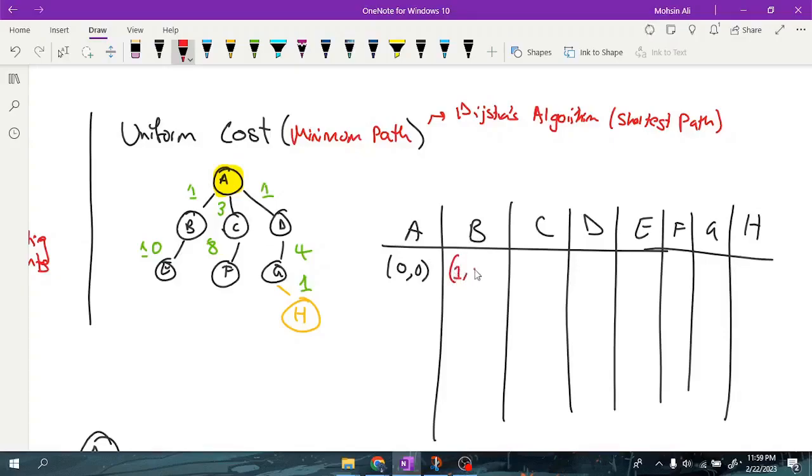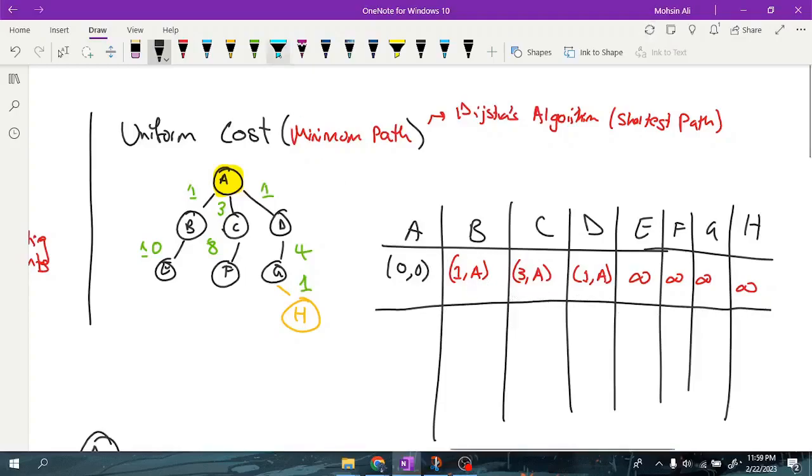So 1 comma A, and I can go to C with a cost of 3 from A. I can go to D with a cost of 1 from A, and I can't go to E, F, G, and H as of yet, because I don't know if there is a path or not. But as of now, I have 3 options. And if you're doing this alphabetically, let's just choose B, right? Let's just choose this option.